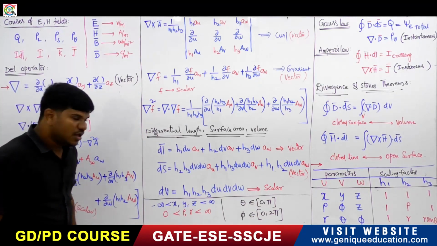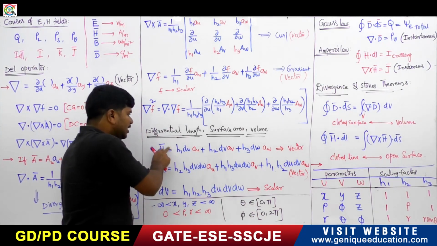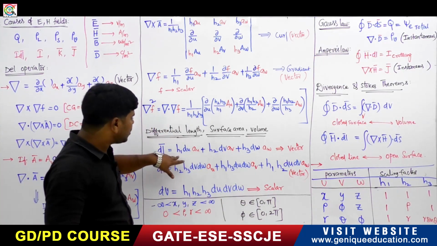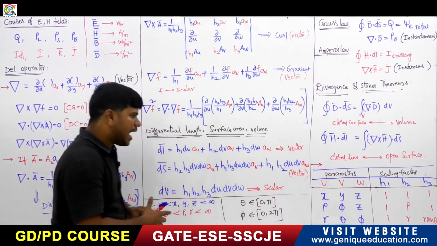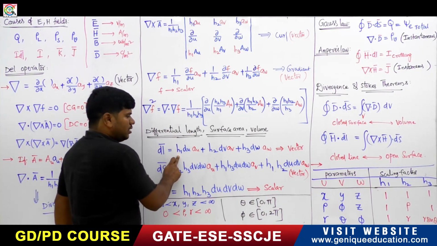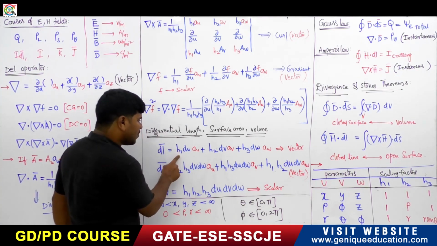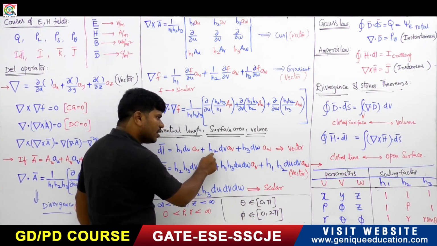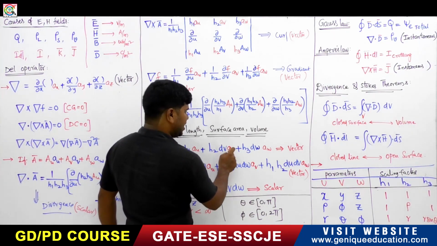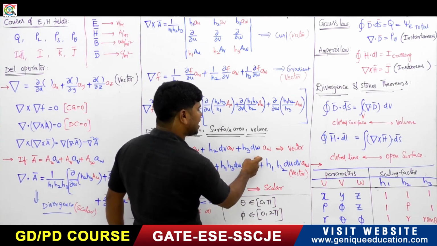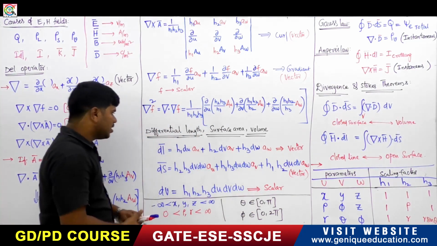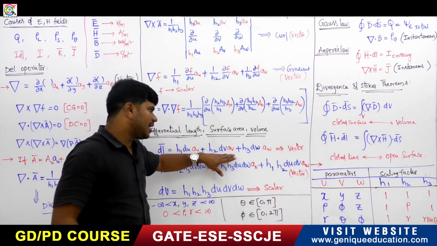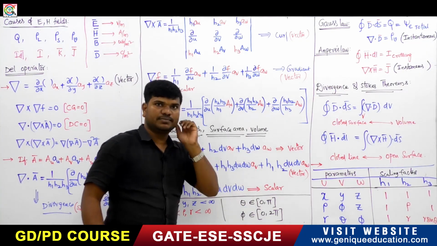It is a generalized formula. Suppose if I want to write this differential length in spherical coordinates, what is this? h1 in the spherical coordinates is 1, so dr ar, plus h2 is r, so r d theta a theta, plus h3 is r sin theta, so r sin theta d phi a phi.